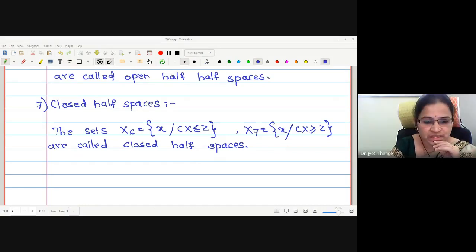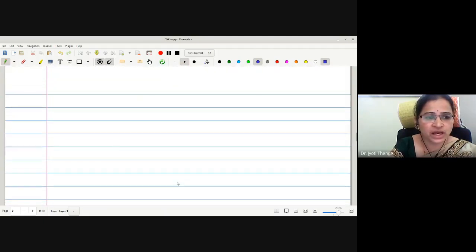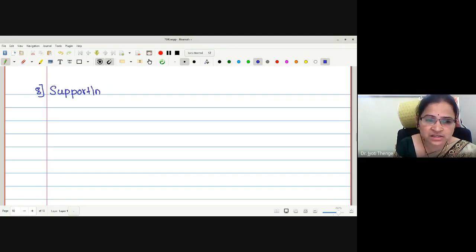Good. Now we will move towards the next definition, the supporting hyperplane. All the definitions should be clear to all because the next concept depends on these definitions.